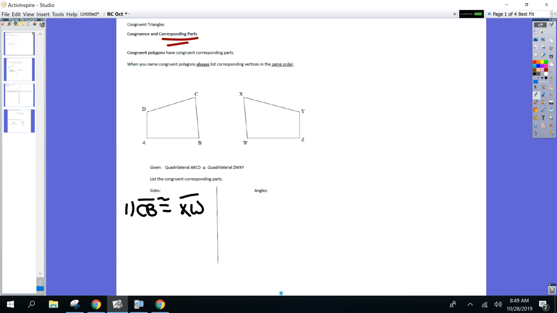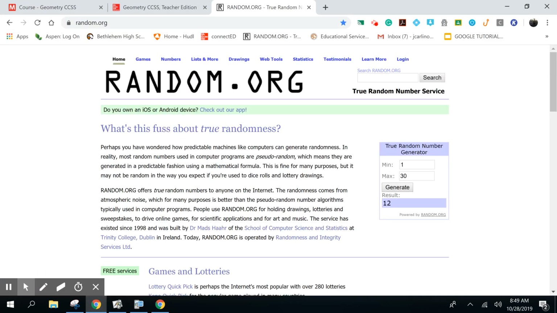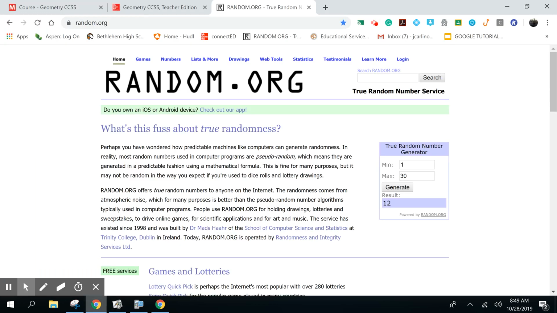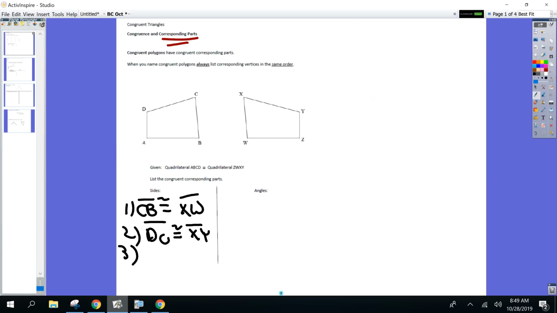Give me another pair of sides that match up, that correspond with each other. You're up, 12. DC, XY, I like it. So they are now congruent, as long as the polygons are congruent. Give me a third pair of corresponding sides. You're up, 13. Yep.